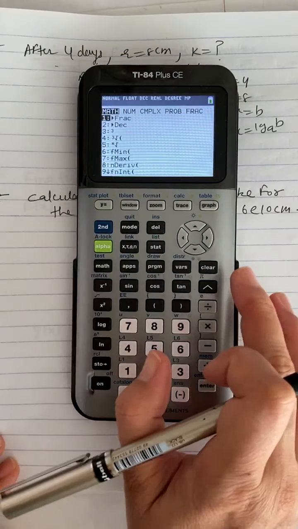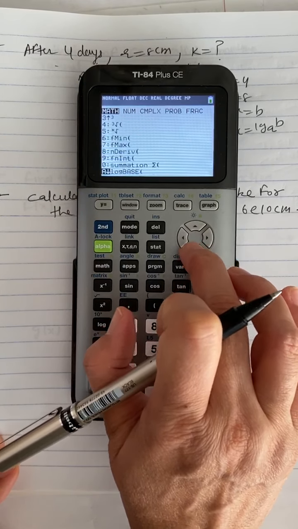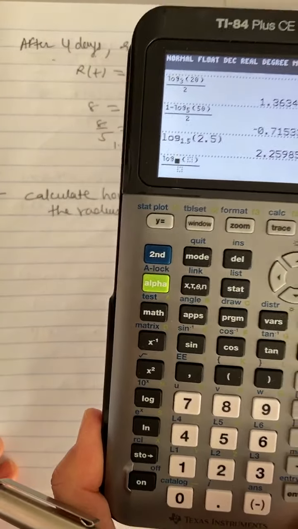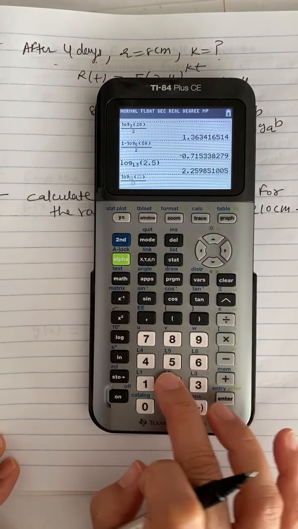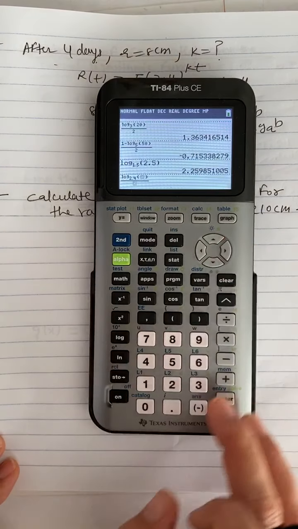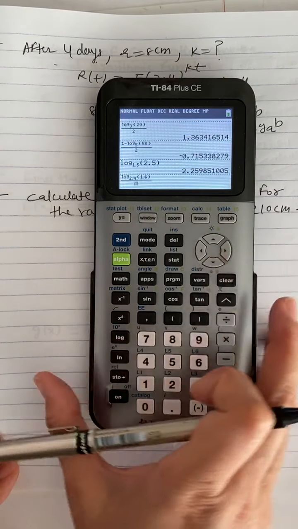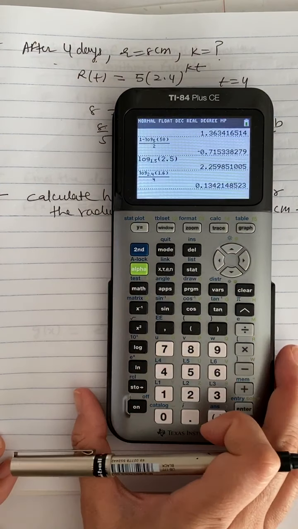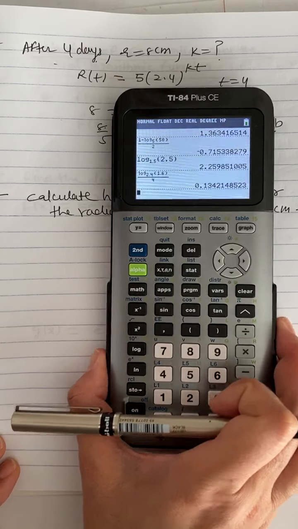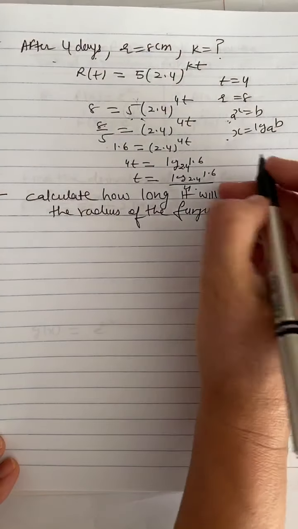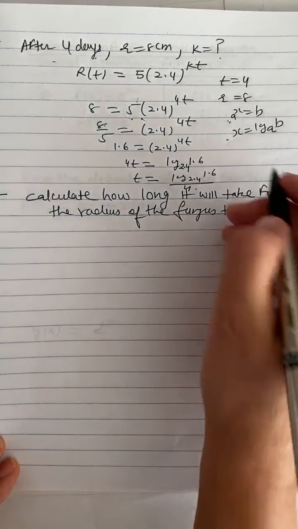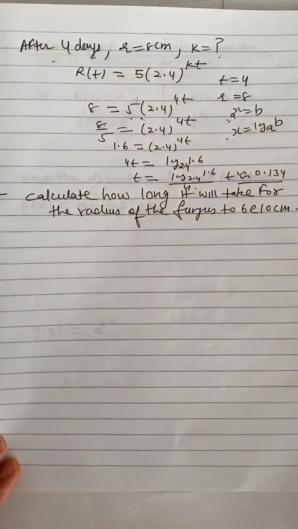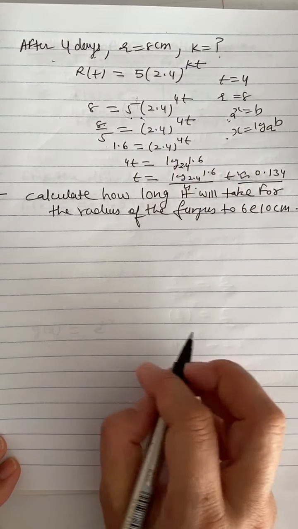So I will go to math and then log base, and here the base is 2.4, and then I have 1.6, and then you have here 4, and then we enter it. So we got 0.134, rounded to 3 significant figures. So k is approximately 0.134, rounded to 3 significant figures.